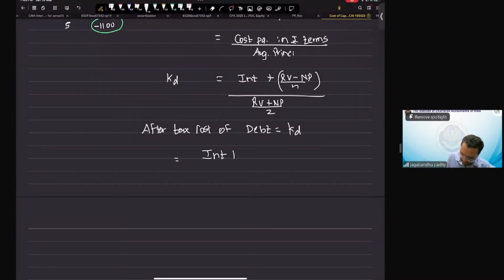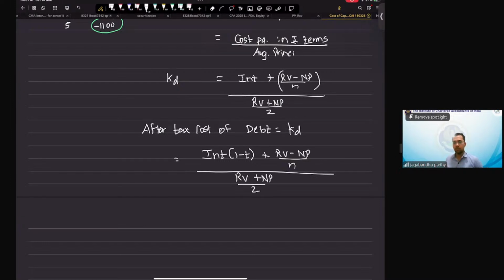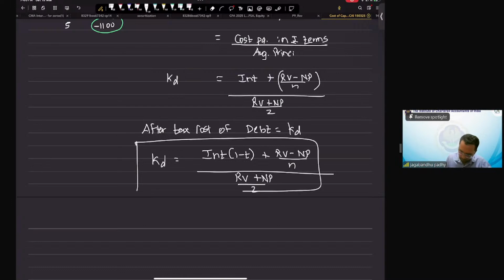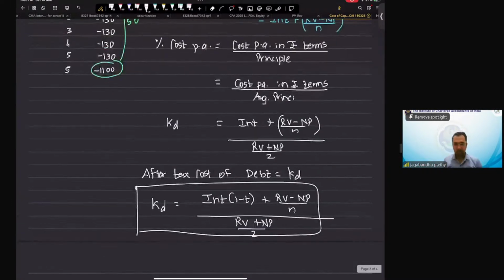That's interest, and we're going to make it after tax. So interest will be multiplied by 1 minus T, plus RV minus NP upon N, the whole divided by RV plus NP by 2. Okay, that's our cost of debt formula for the redeemable debentures.